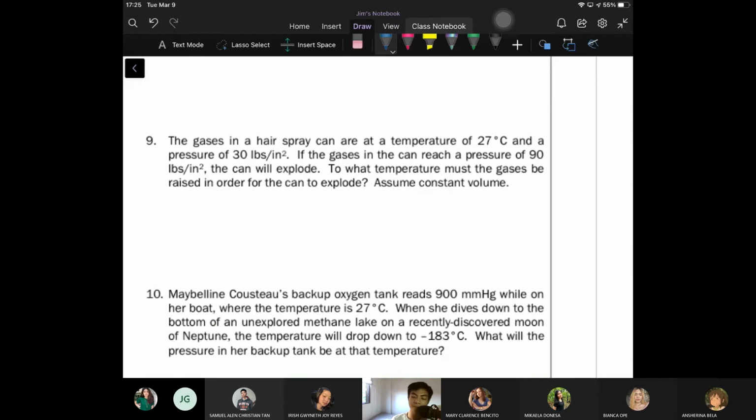So, for number 9, the gases in a hairspray can are at the temperature of 27 degrees Celsius and the pressure of 30 pounds per square inch. Familiar kayo dapat dito sa lbs/in square. That's pounds per square inch.